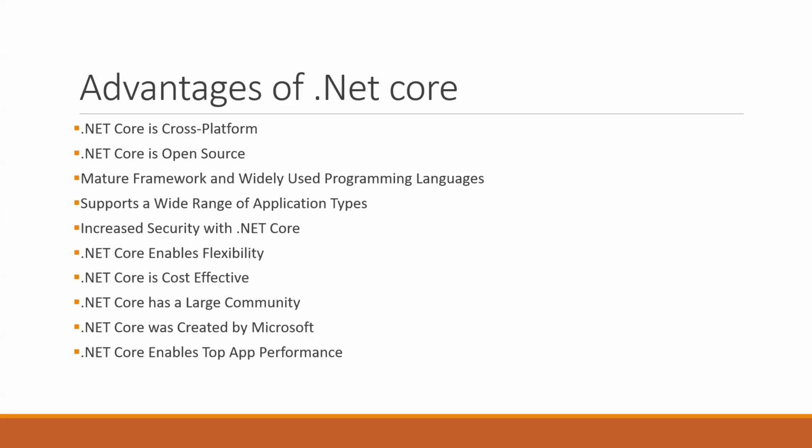So .NET is a matured framework and widely used programming language. .NET Core leverages a matured framework and supports widely used programming languages like C# and F#. This familiarity accelerates development and ensures a robust ecosystem. The .NET framework has been around for 20 years. This means that millions of apps in different domains were developed with it.